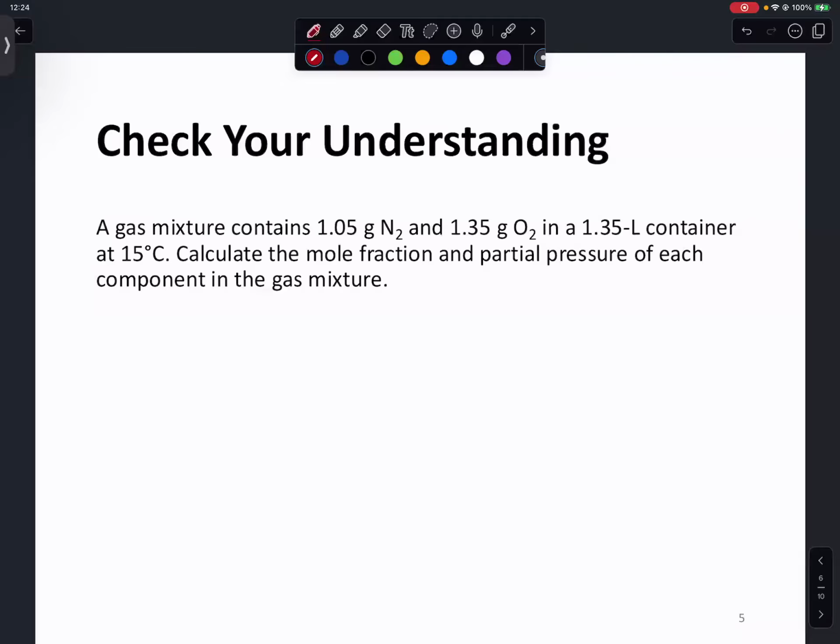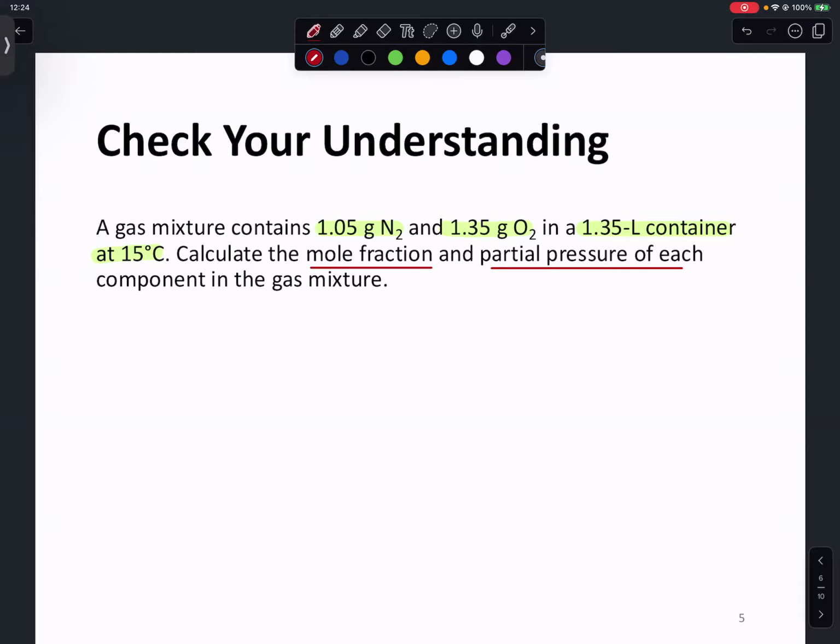I'm going to show you right here: a gas mixture contains 1.05 grams of nitrogen and 1.35 grams of oxygen in a 1.35 liter container at 15 degrees Celsius. It wants you to calculate both the mole fraction and the partial pressure of each component in the gas mixture.